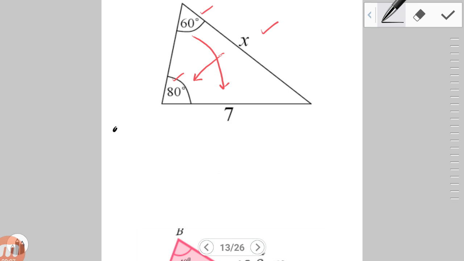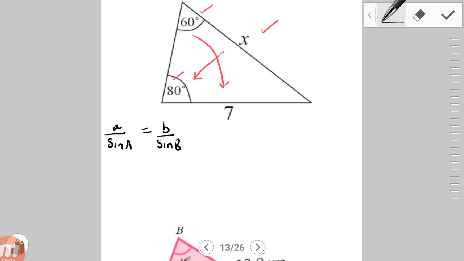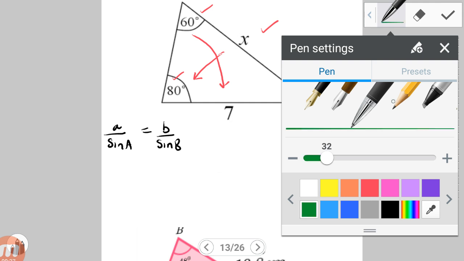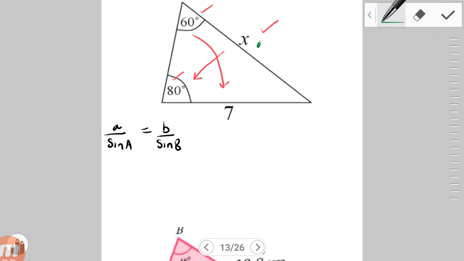So we can proceed right here and say a divided by sine of angle A is equal to b divided by the sine of angle B. So clearly we are going to have to be the one to assign the variables to the information on the diagram. Now you can make a choice, it really doesn't matter. Let's just say we're going to be assigning the letter a to the side that we're looking for.